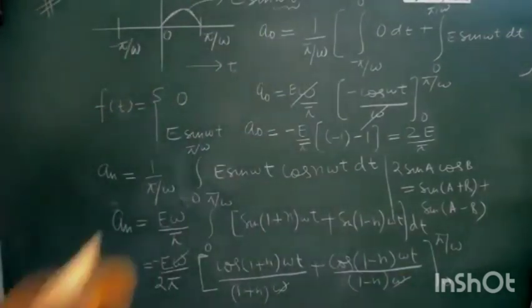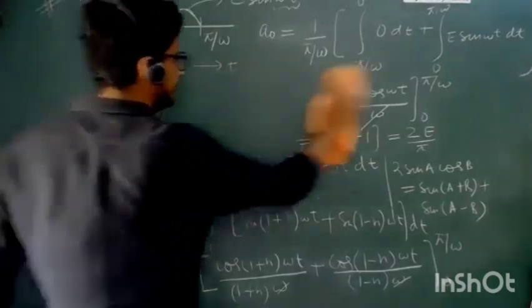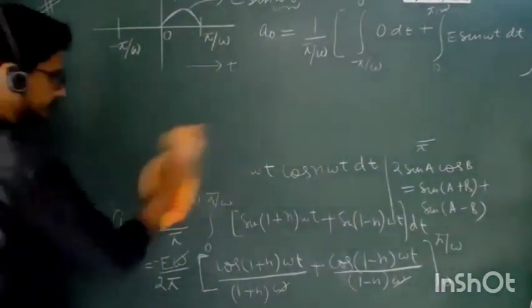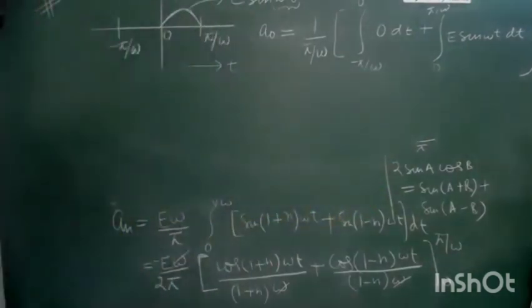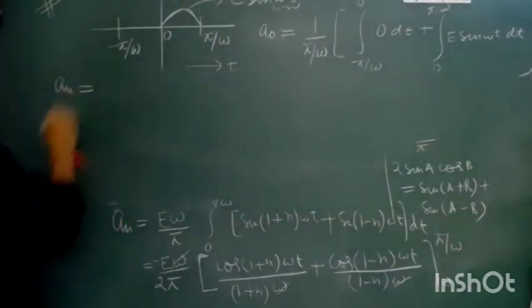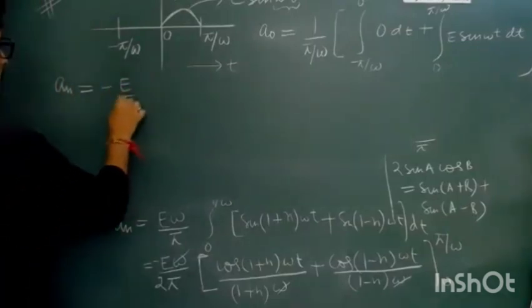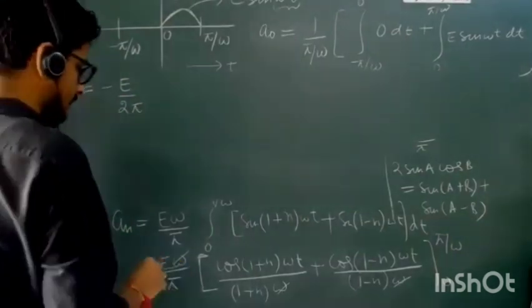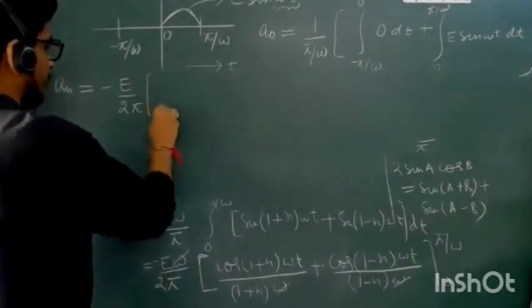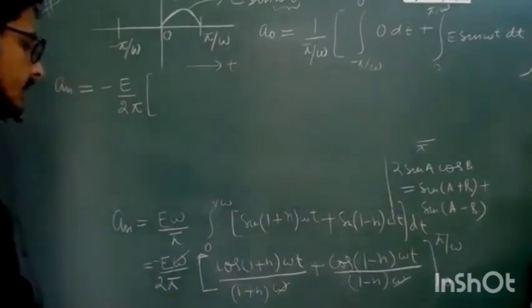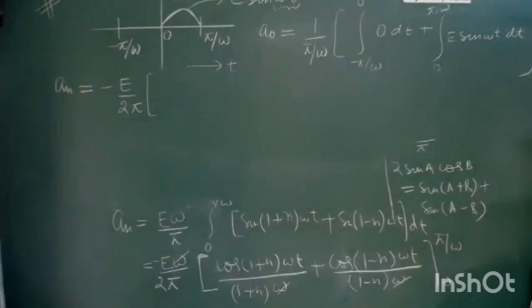So if you write this finally, you will get, if you substitute the values now, the value of an will be minus e by 2 pi and what will be the upper limit? Pi by omega. So it will become cos of 1 plus n pi, correct?